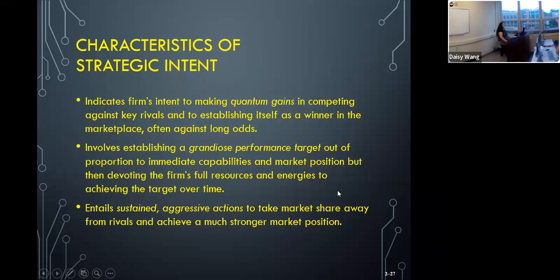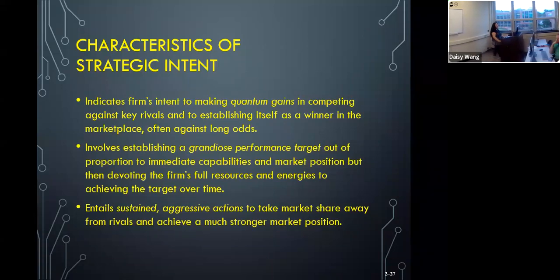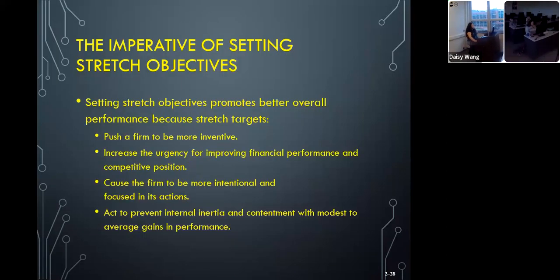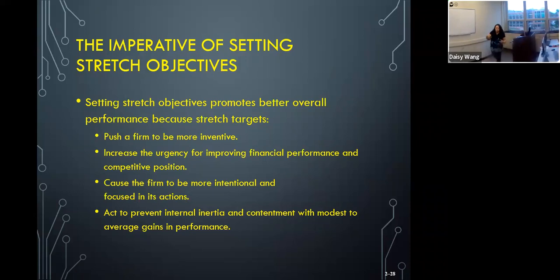So we are going to show you the difference between different objectives. To set the objectives, like I said, we want objectives where we can push ourselves.